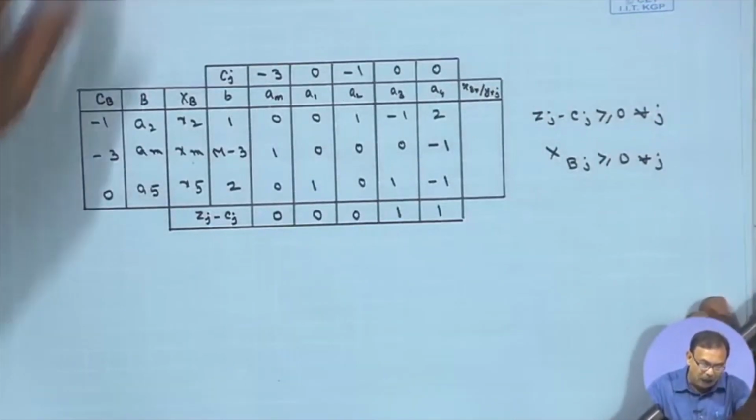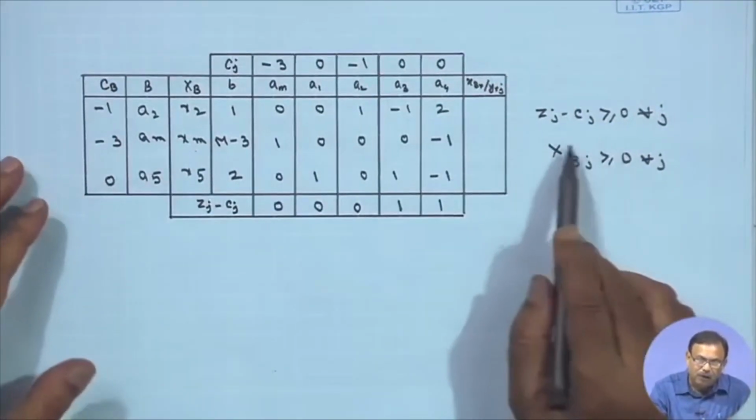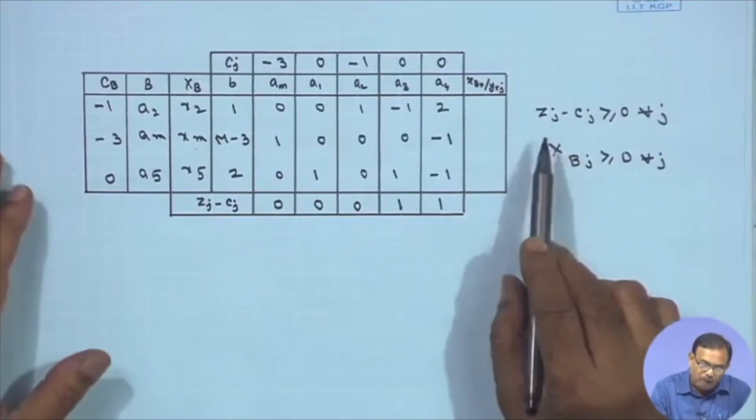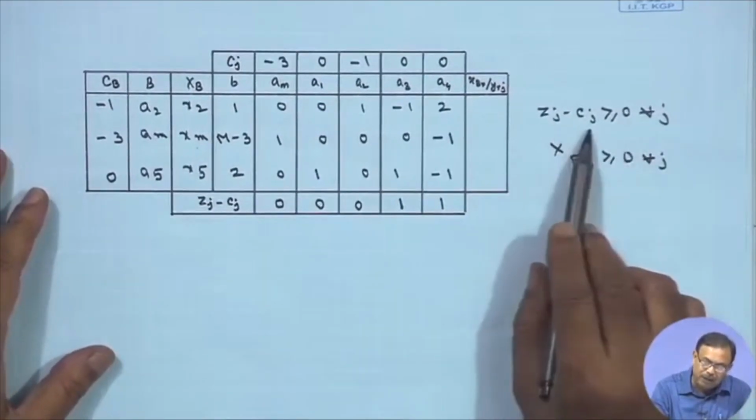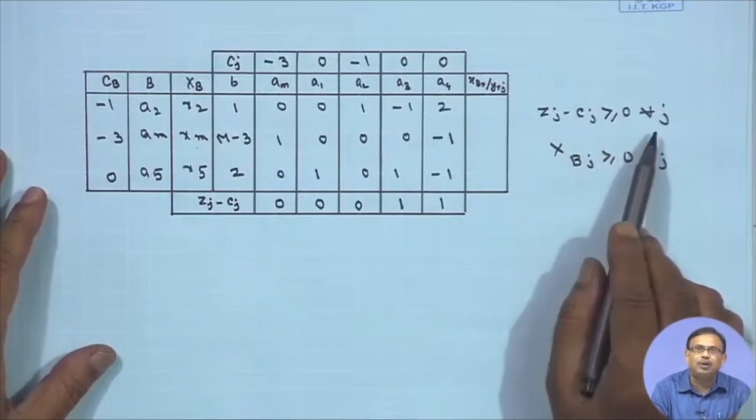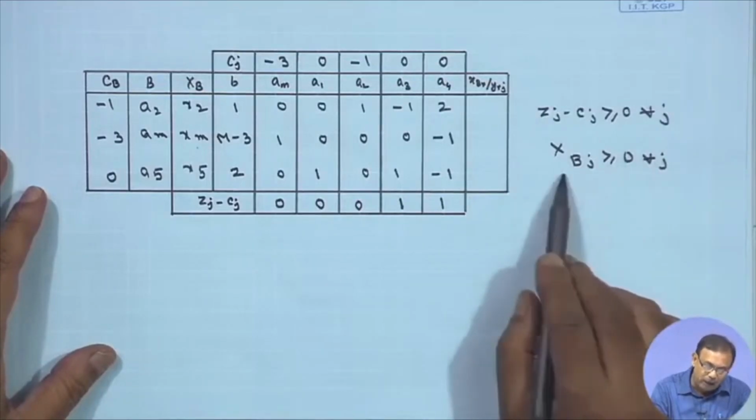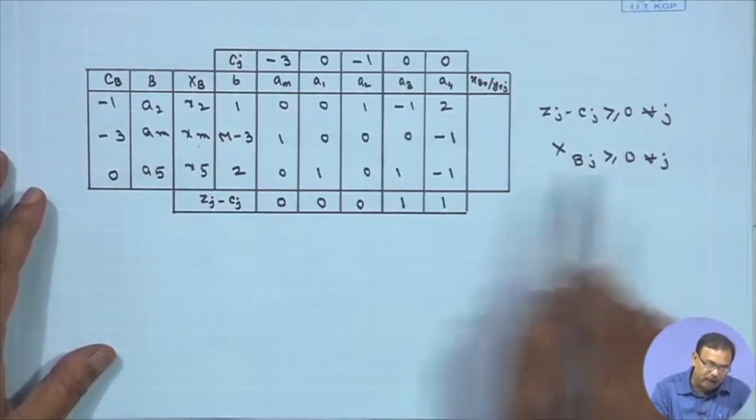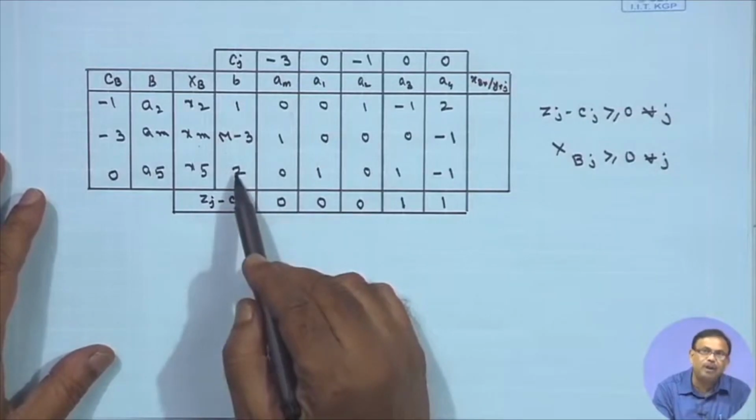Now, at the last stage, what we find for the last table is that zj minus cj is greater than or equal to 0 for all j, and all xBj are greater than or equal to 0, which is evident from here.